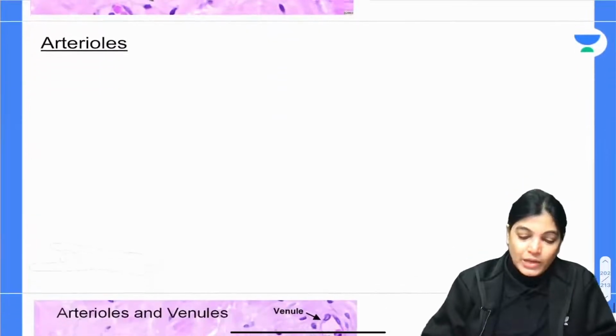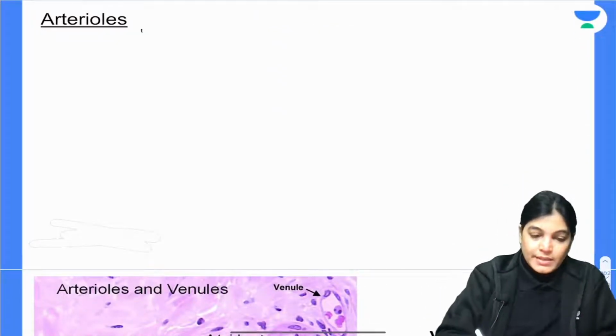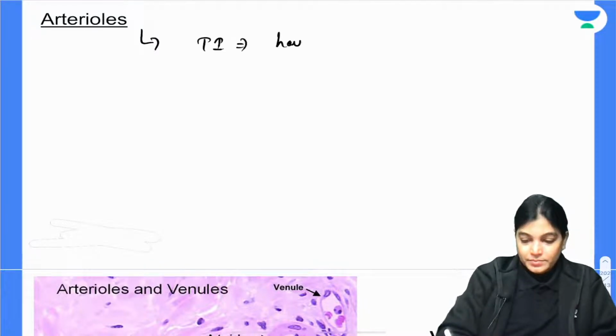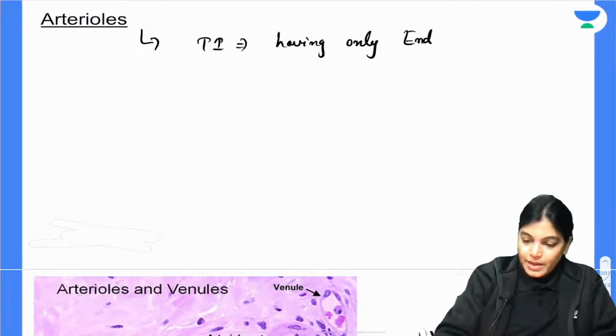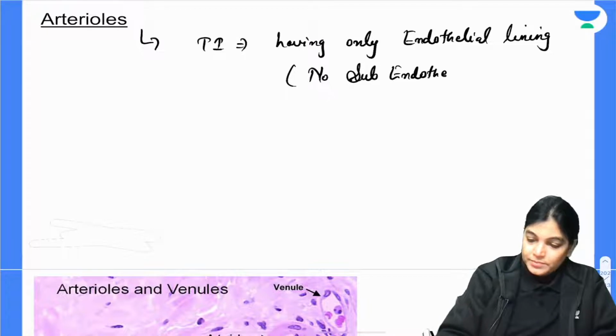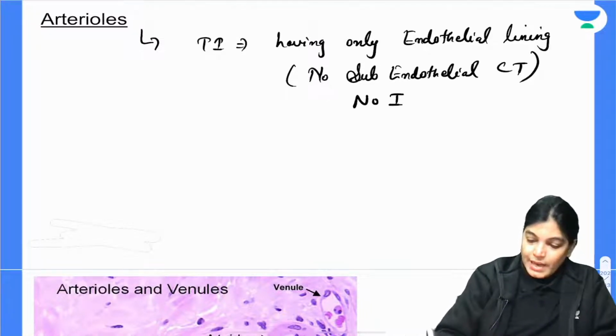So let's write about arterioles in general. Arterioles are small arteries. Tunica intima has only endothelial lining. It has no subendothelial connective tissue, no internal elastic lamina.